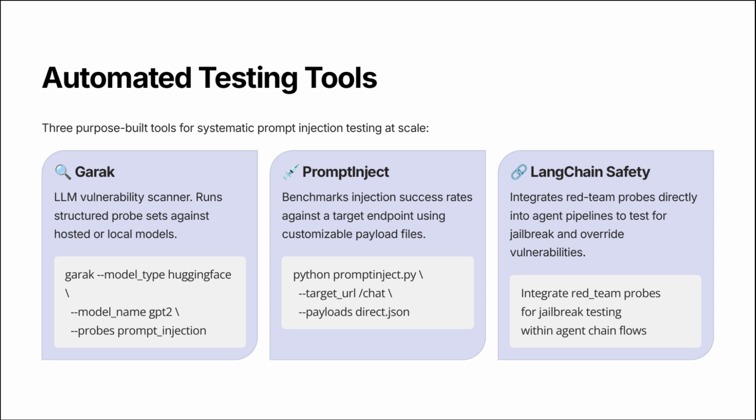You point it at a chat interface or API route, feed it customizable payload files, and measure how often those attacks succeed. LangChain Safety brings red team probes directly into agent pipelines. That makes it especially helpful for testing jailbreaks, instruction overrides, and other agent-specific failure modes inside multi-step chains. Together, these tools give you a solid starting point for systematic, repeatable security testing of LLM applications.